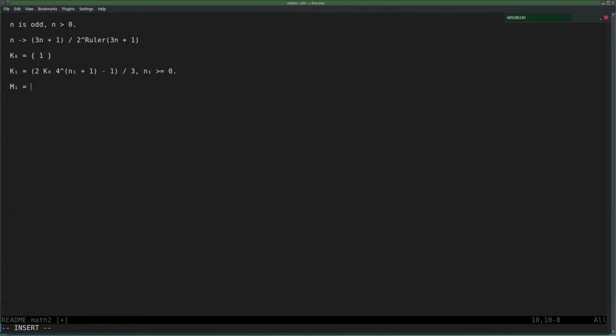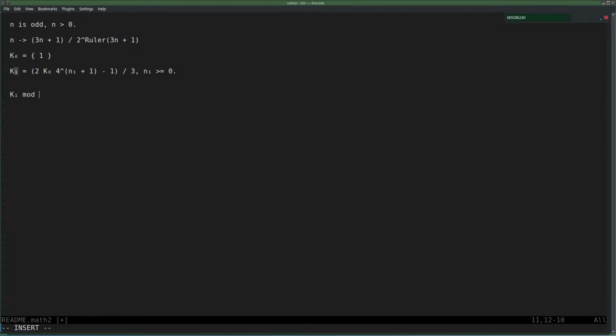So what I would rather do is make a list of all these values. Let's start with knowing what the modulo 3 value is of these K1 values. So we want to have my list: K1 modulo 3.